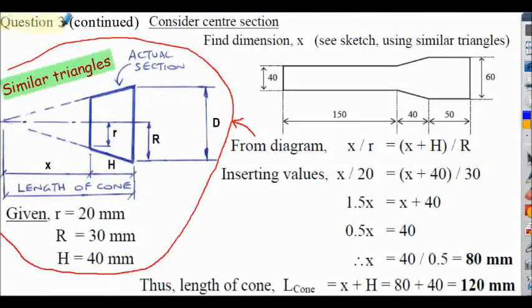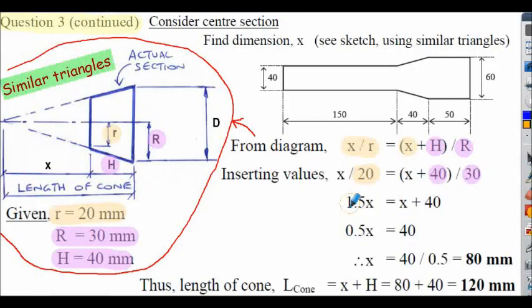Here's question 3 continued. I've repeated this formula derived on the previous slide, and now I insert the values into the formula. Lowercase r here is 20 millimeters, dimension h is 40 millimeters, and uppercase R is 30 millimeters. On the next line I simply multiplied throughout by 30 to remove the fractions from both sides of the equation.